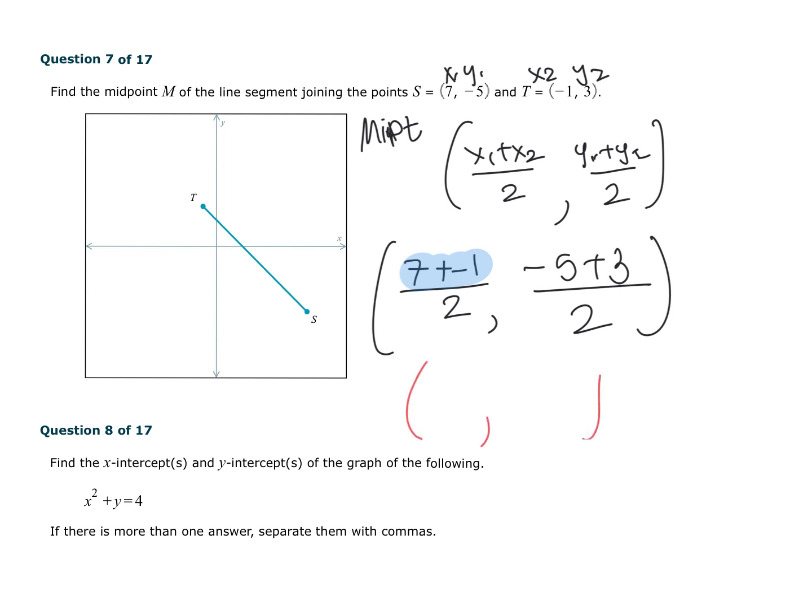So I think that's 3, right? Because 7 plus -1 would be 6, divided by 2 is 3. And then for my second one, it's -5 plus 3, which would be -2. -2 divided by 2 is -1. So I end up with 3, -1.